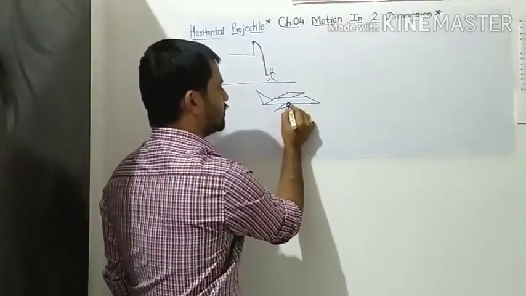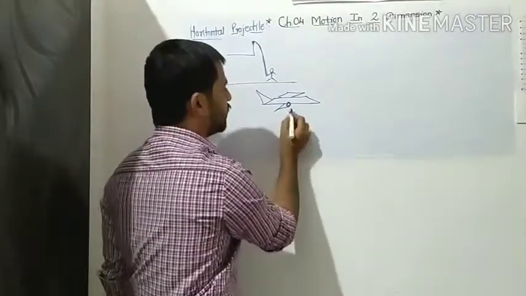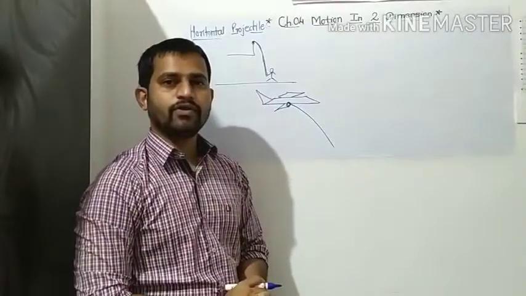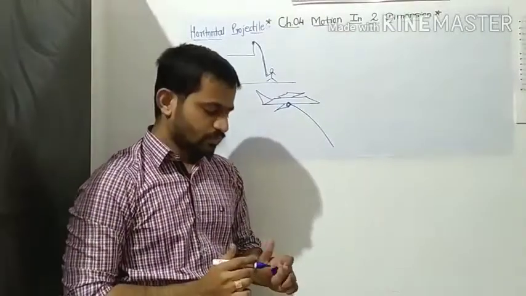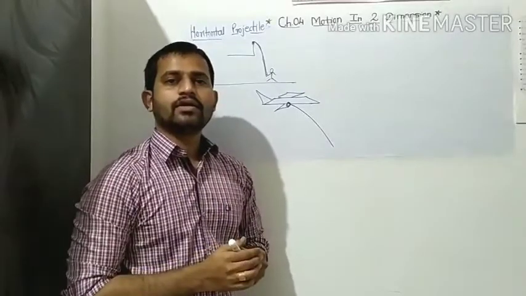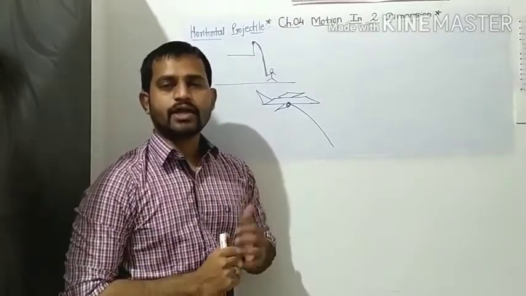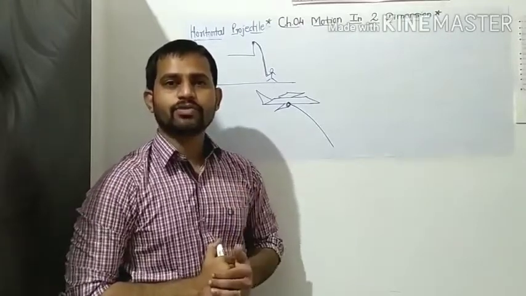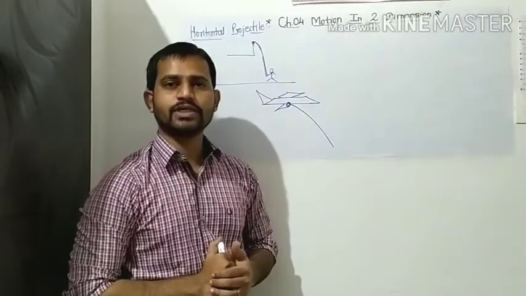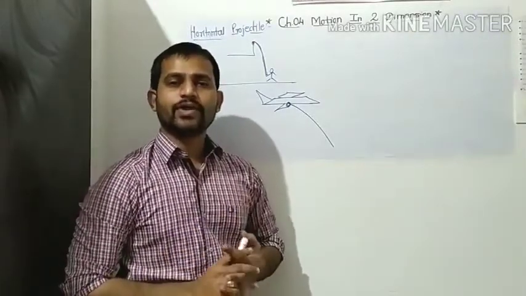If you throw an object from the aeroplane, it will follow this path. When the object is thrown, at time t equal to 0, the initial velocity of the object is equal to 0.